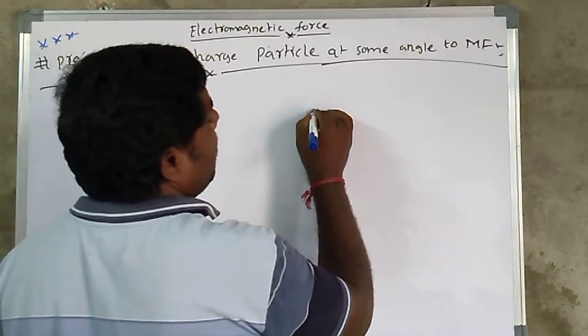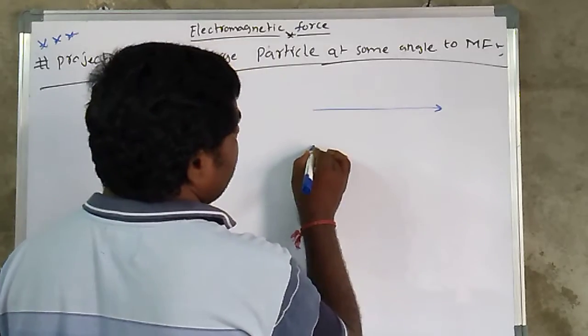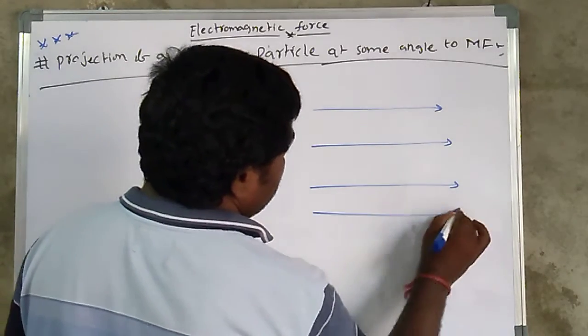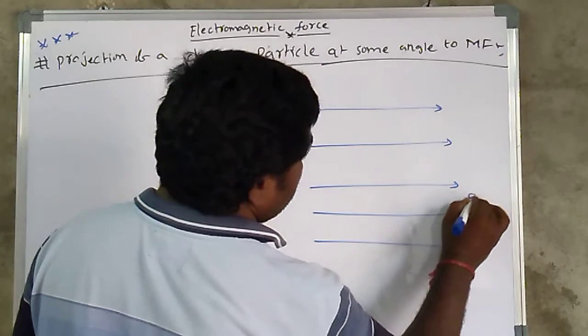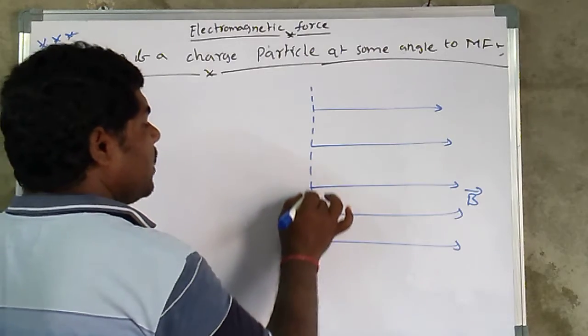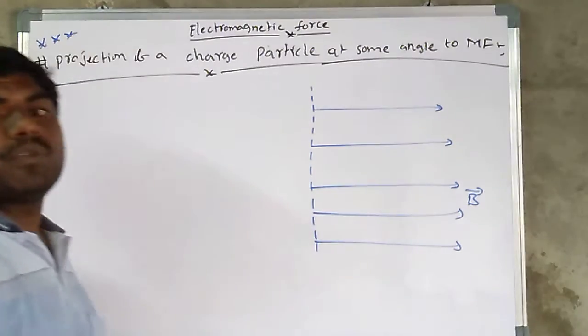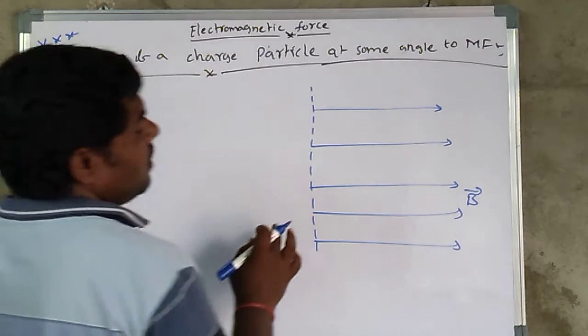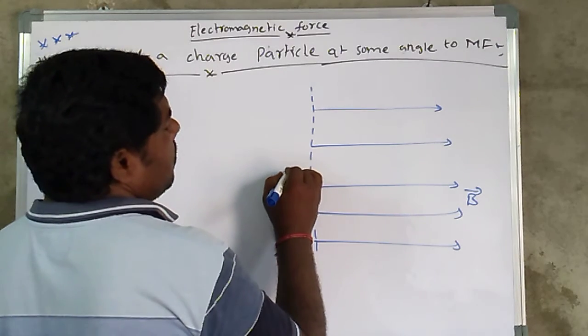Let us consider this uniform magnetic field B bar, and this is the boundary.